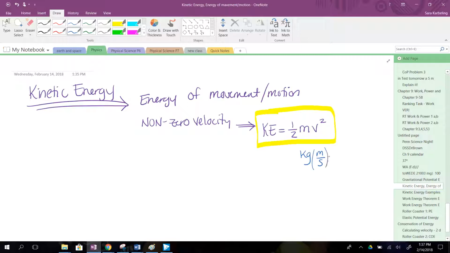If you square the number, you have to square the units as well, right? Everybody's favorite unit, here it comes, kilogram meters squared per second squared. Do you recognize that? Did you see that about 25 minutes ago? You now know that anytime you see kilogram meters squared per second squared, that's really just a joule or a Newton meter, right? All these things. So it is a joule. Life is good.